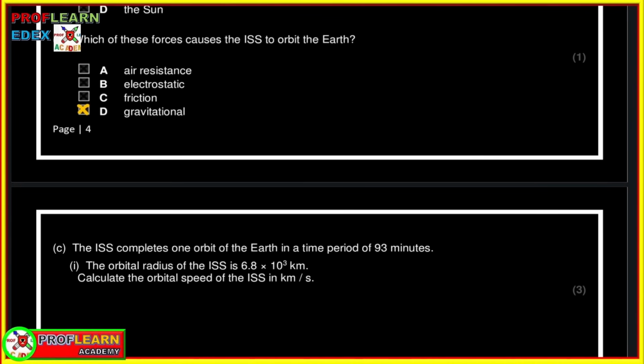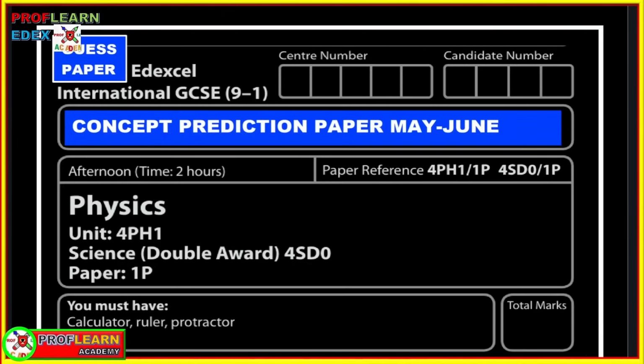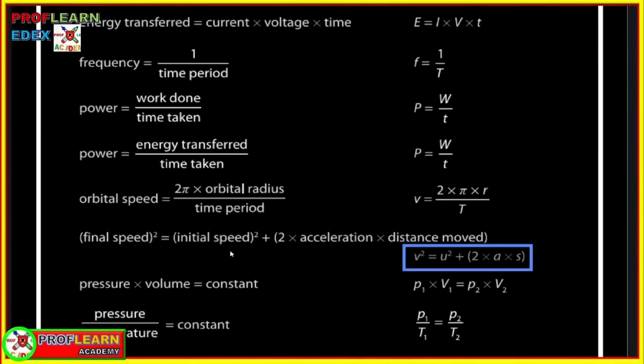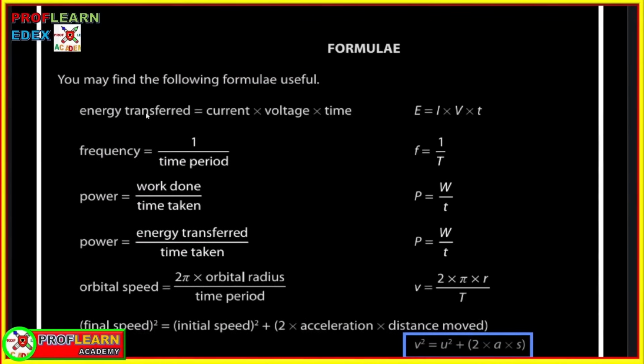So you need to remember that the formula for orbital speed was given, and I did mention that it was in the formula sheet, right? So let us see where that formula is and how it is stated. Let's go straight. Yes, you can see that formula is somewhere here.